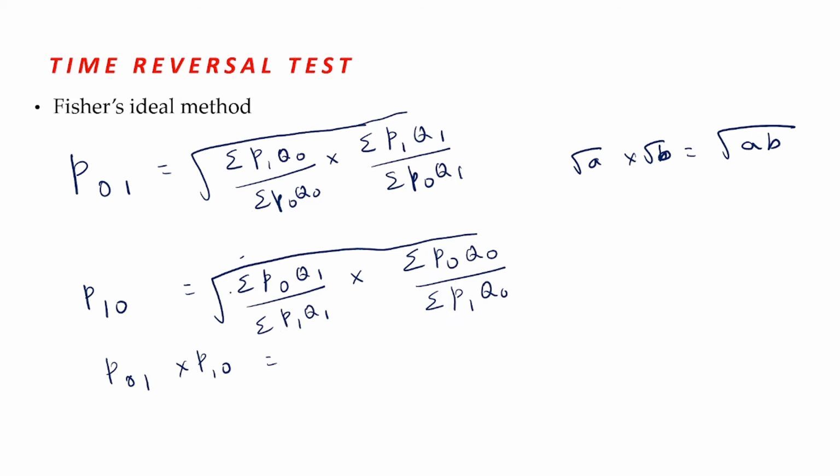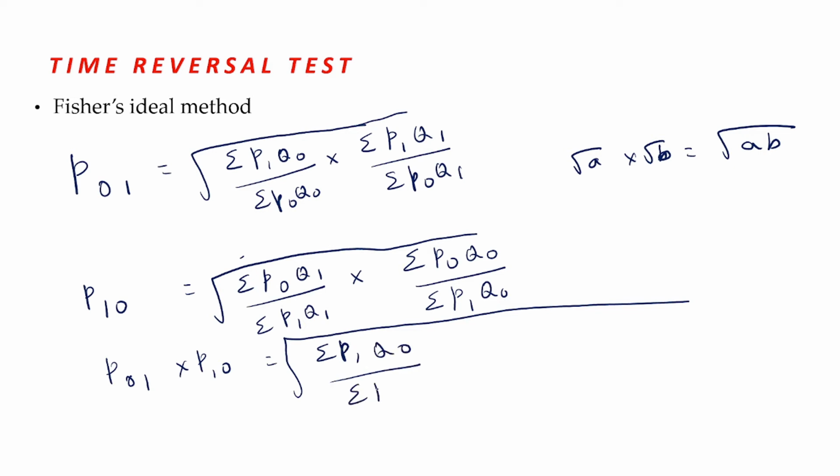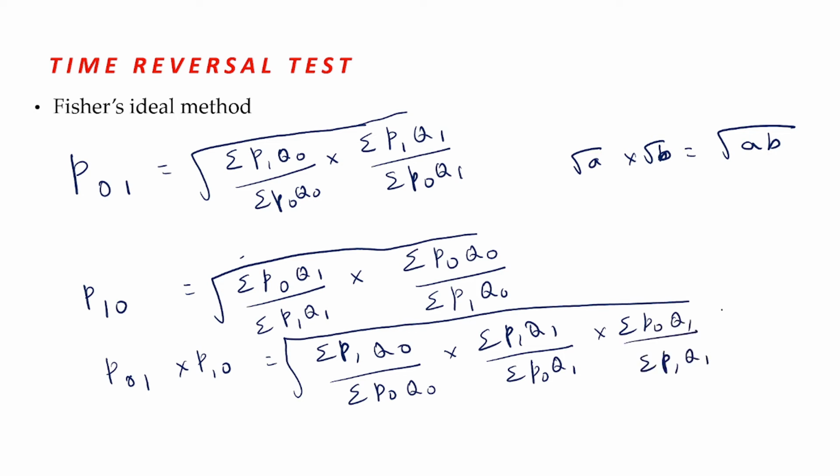of these two expressions. So it is equal to root of summation P1 Q0 upon summation P0 Q0 into summation P1 Q1 upon summation P0 Q1 into summation P0 Q1 upon summation P1 Q1 into summation P0 Q0 upon summation P1 Q0.